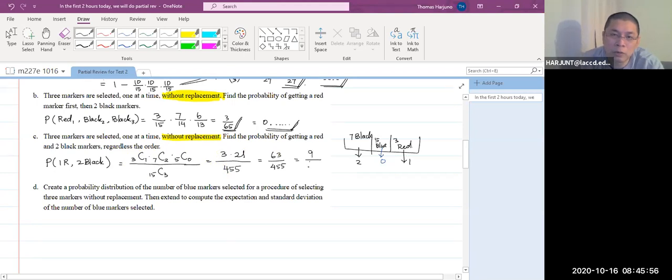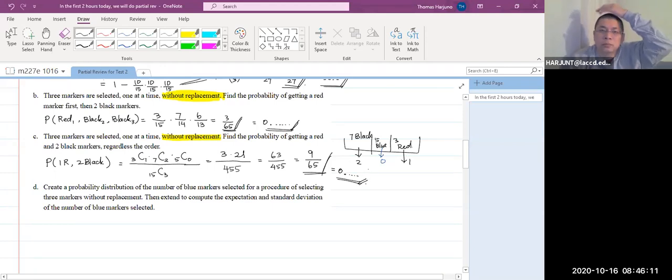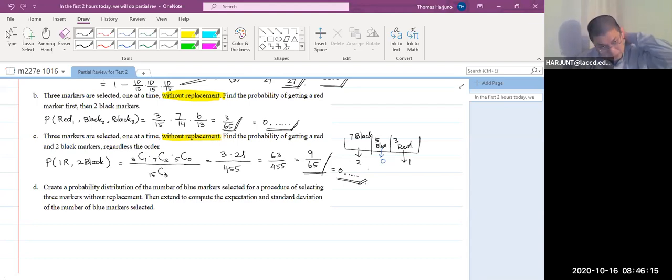Reduced by 7, that will be 65. And then decimal. Okay, that's for part C.